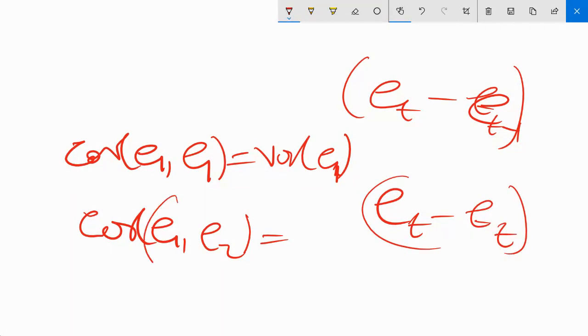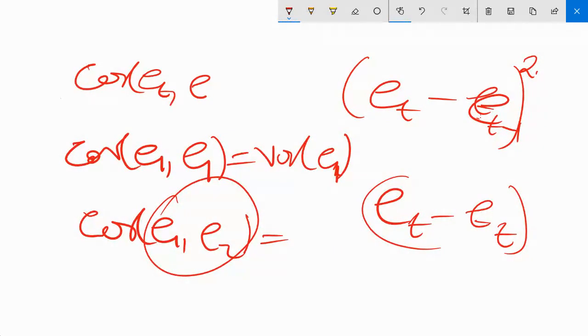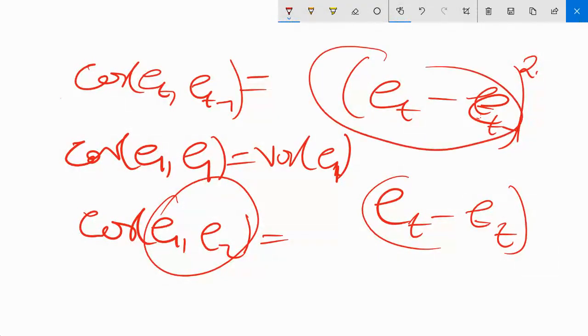So to accommodate this, we take it as Et minus 1 squared. And this is nothing, by the way, but the covariance of Et and Et minus 1. So if you expand this, it will take you to the covariance of Et and Et minus 1. Is it clear?